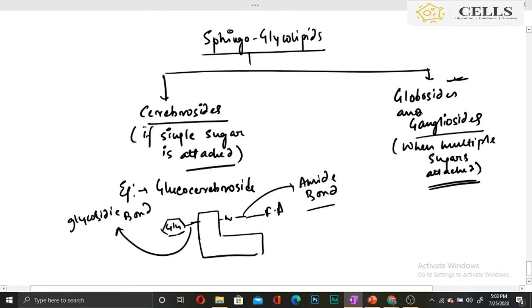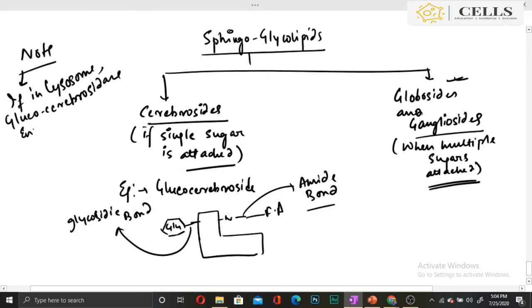Okay. Now note one thing. Suppose in the lysosome the glucocerebrosidase enzyme is absent, then in the lysosome glucocerebroside will not be degraded.